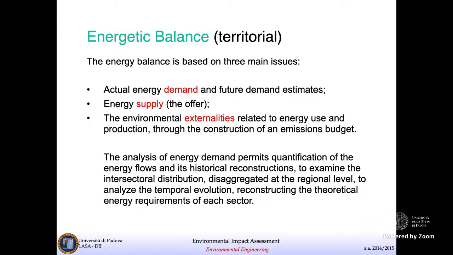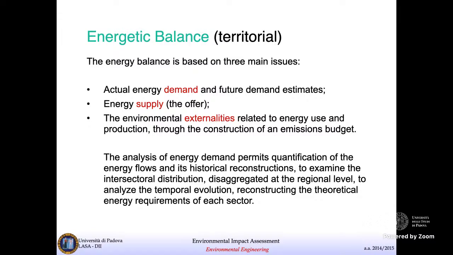For example, if I have a production procedure that produces, for example, CO2, CO2 is an externality. CO2 load in the atmosphere may be considered an externality that has a potential impact to worsen the situation of global climate change.